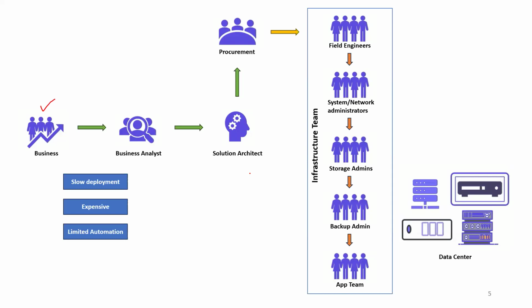Some aspects of the infrastructure are automated, but some aspects cannot be automated. That is the reason we call it limited automation. Look at the field engineers. What they do cannot be automated, because we have to do the rack and stack, cabling, and networking manually.